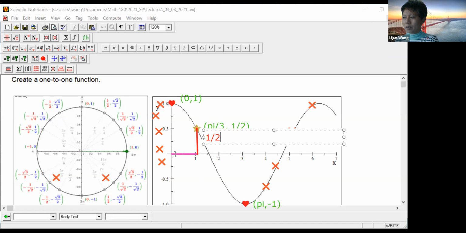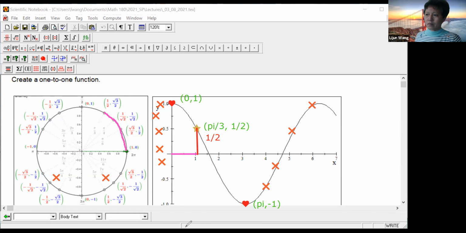And what is the purple? The purple is a measurement from 0. It's the same arc length as what? These two purples are supposed to be the same length. Well, my drawing is the problem. But they're the same length.